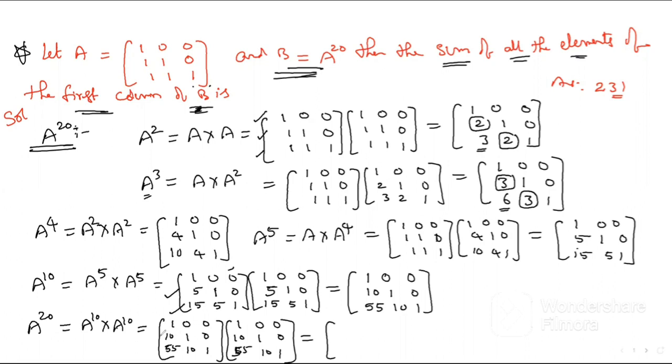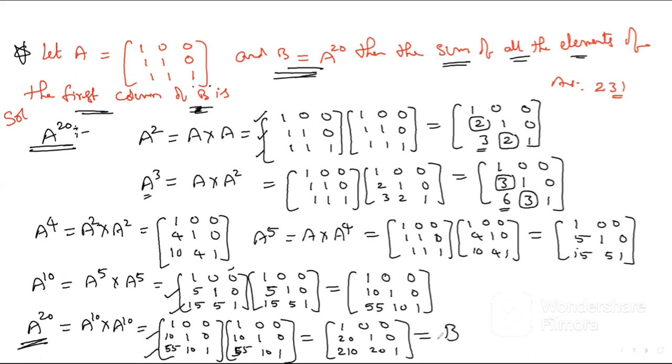What we get here? First row multiply with first column: 1, 0, 0. First row first column, first row second column, first row third column. Next, second row multiply with all columns: 10 plus 10, 20. Here 1, 0. Third row multiply with first column: 210. This is equal to B, the value given.